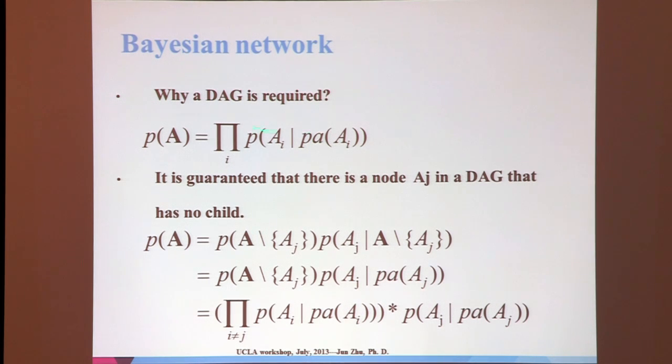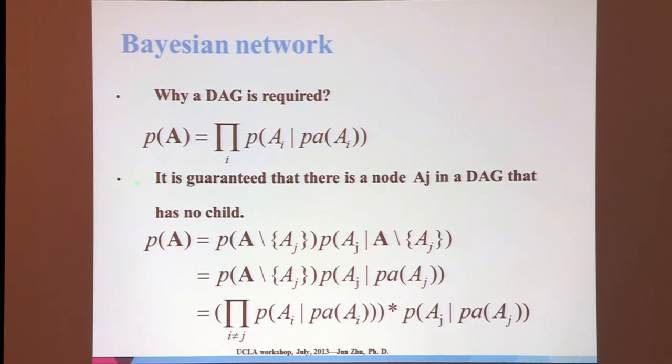So if you want to remain in this parent-children form, you require a directed acyclic graph. But there's a lot of other research to see whether you can still approximate using this decomposition, but still maintain some of the undirected graph, or maybe a loop. But that's a special research part. But generally, if you want to decompose this, you have to require this.